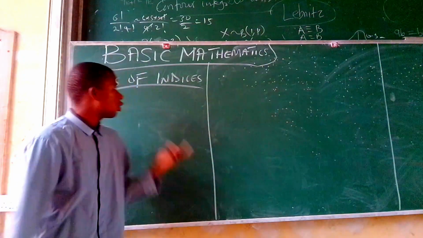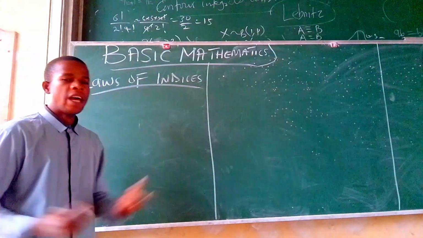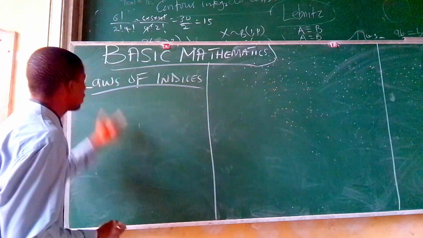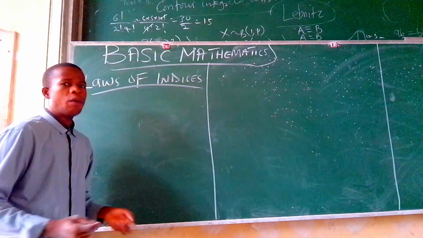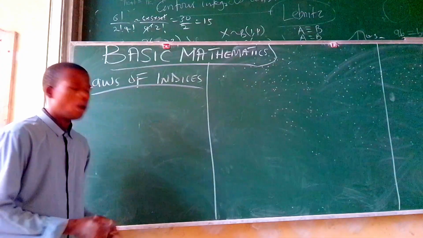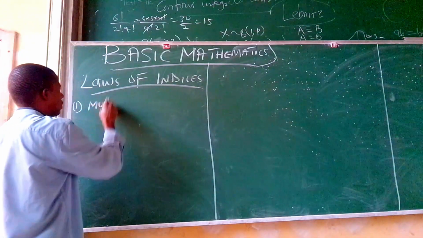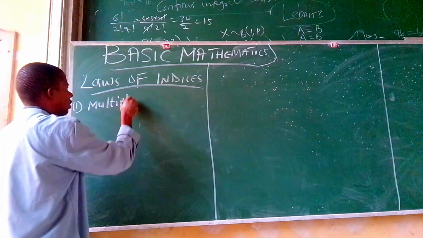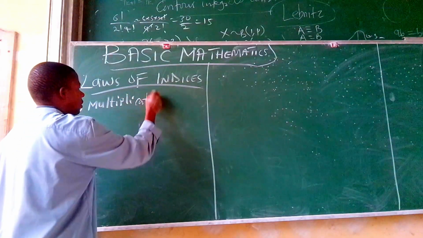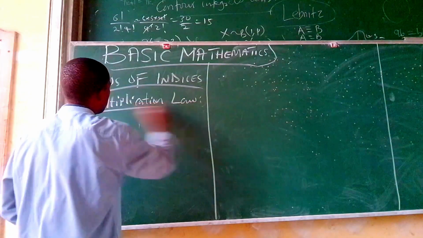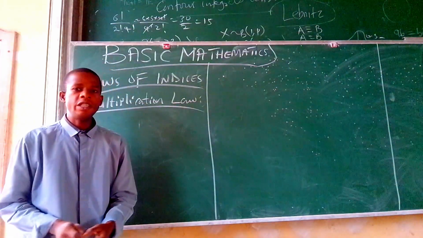Alright, now we're going to look at the law of indices and how to solve them using some examples. As you look at the laws of indices, number 1, we have what they call the multiplication law of indices.